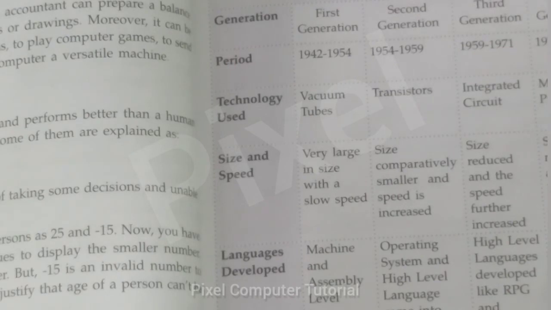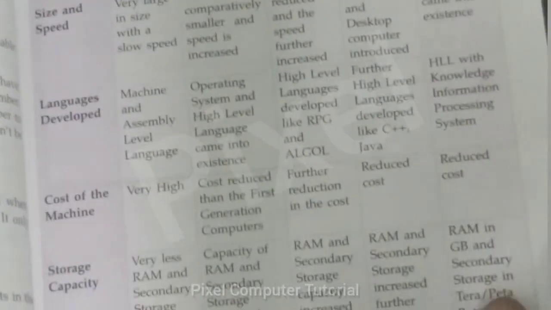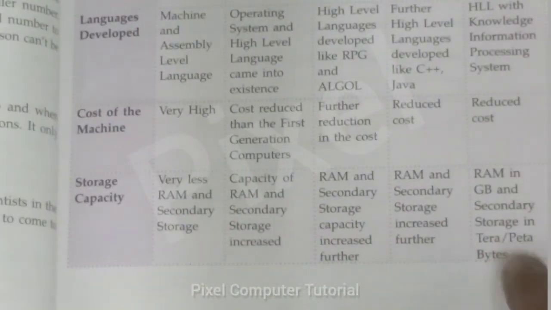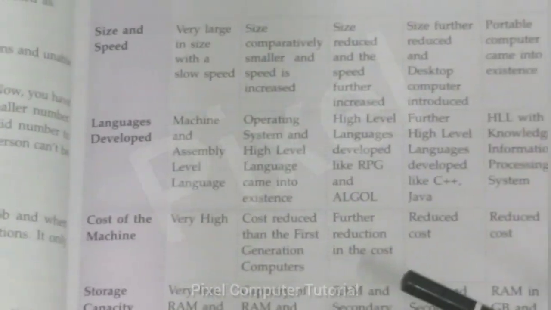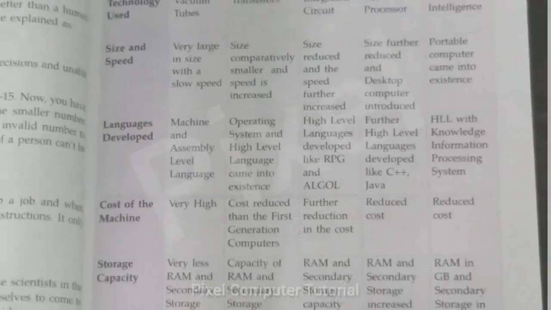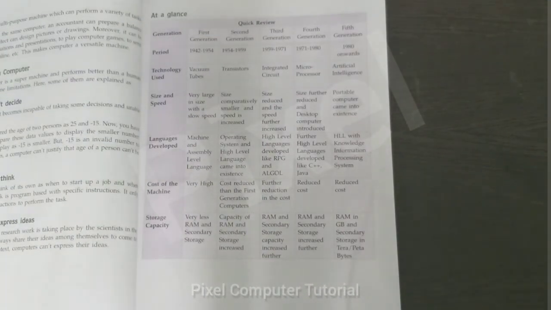Storage capacity: RAM in GB and secondary storage in terabytes and petabytes. So this is a quick glance about the computer, from the first generation to the fifth generation.